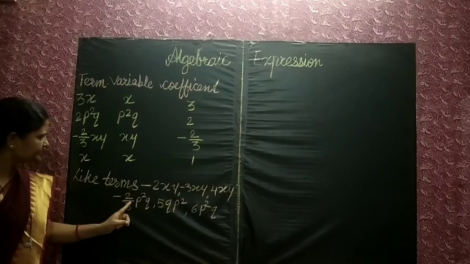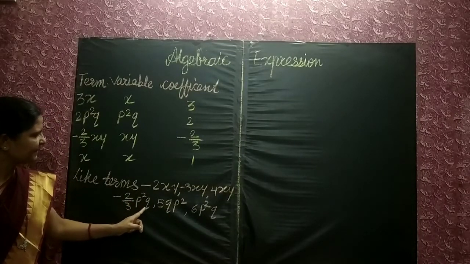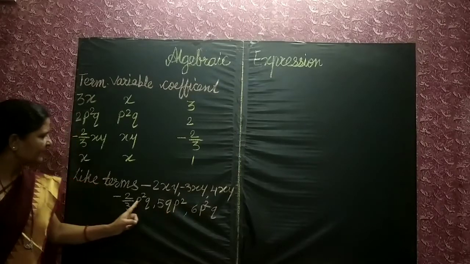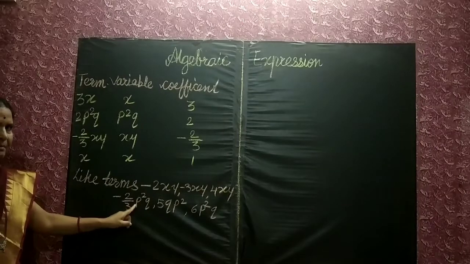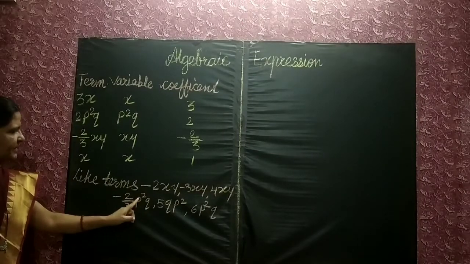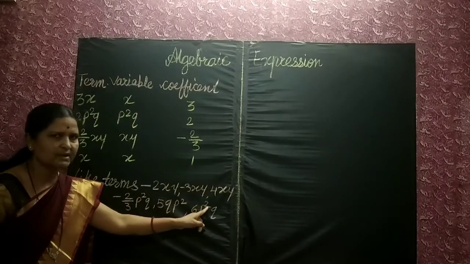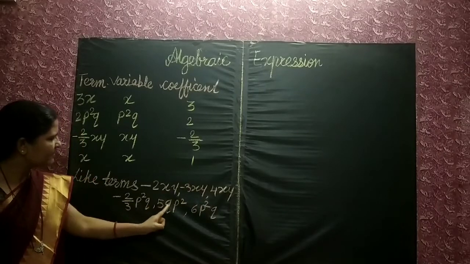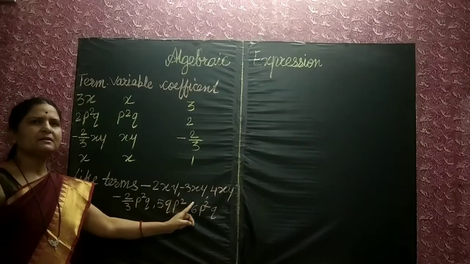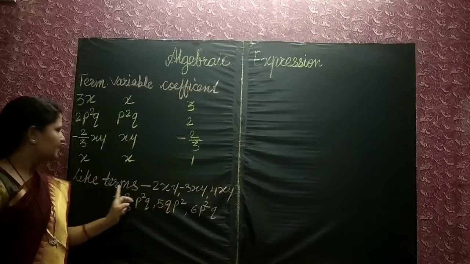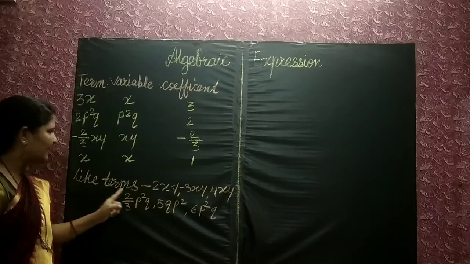Here also the variables are p and q, and what is the power of p? It is 2 in each, and q has power 1 in each. So these terms are said to be like terms.